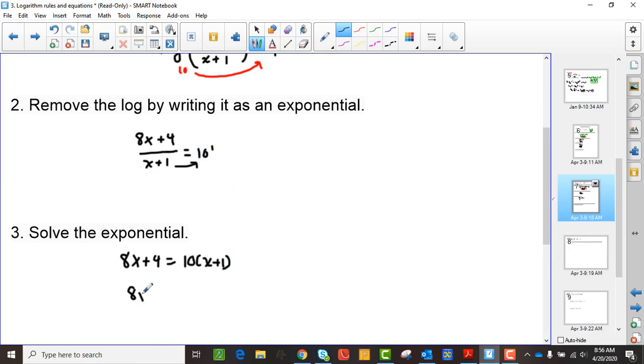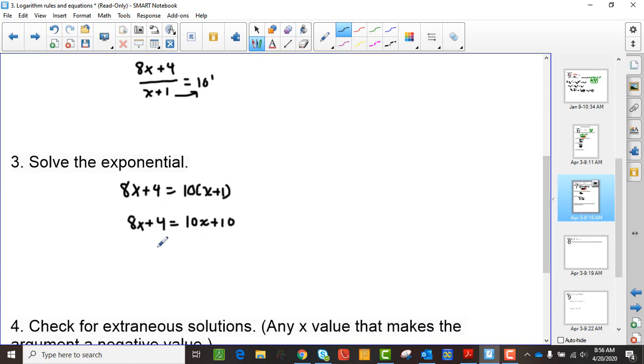So that gives me 8x plus 4 is equal to 10x plus 10. Then bring the x's this way: we'll bring the 8x over there, and we'll bring the 10 that way. So I get 4 minus 10 is equal to 10x minus 8x. That means minus 6 is equal to 2x, which means that x is minus 3. Okay, that's my answer.